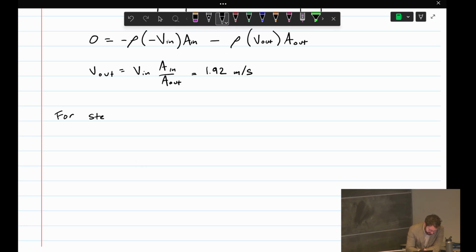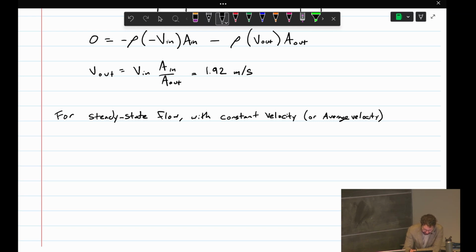So for steady state flow with constant velocity or average velocity. So we're going to do some pipe flows, you'll see.